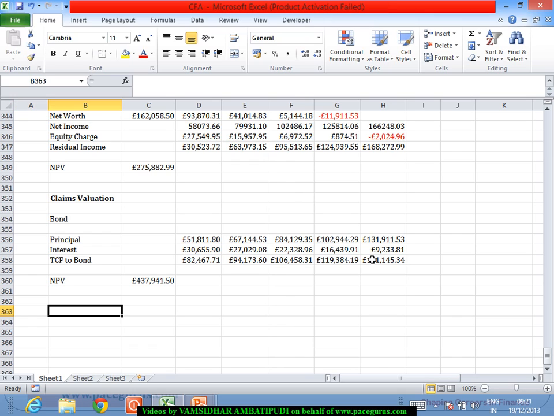The same logic I can do with respect to equity investors. Right, for equity investors, how do I compute the cash flows? Net income plus depreciation minus the principal repayments.